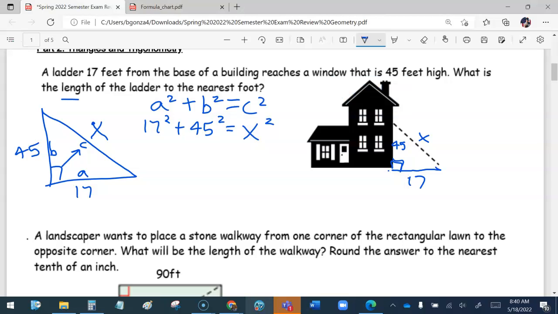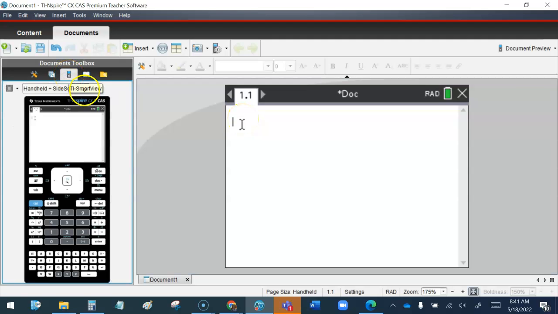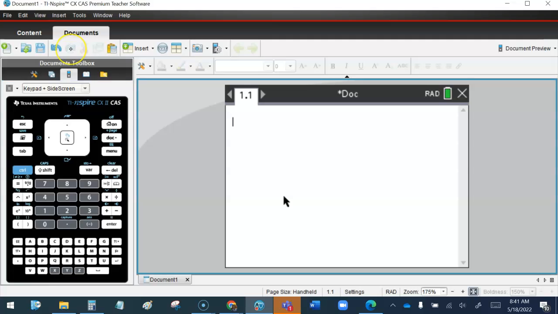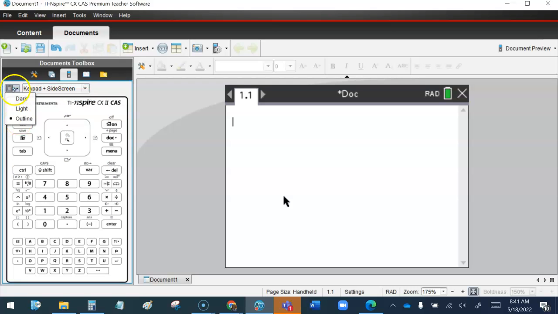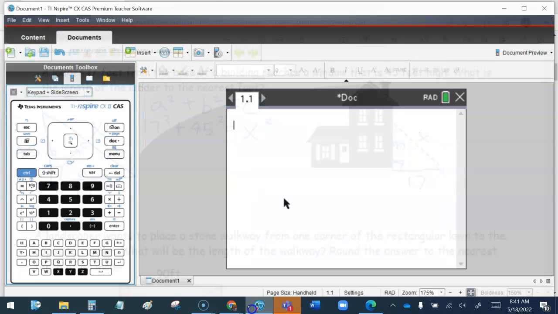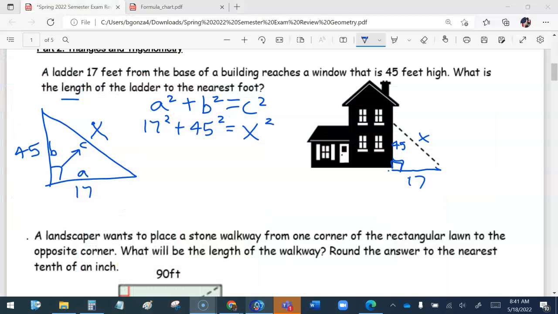Let's do 17 squared and 45 squared. We get this calculator going. 289, 2025.